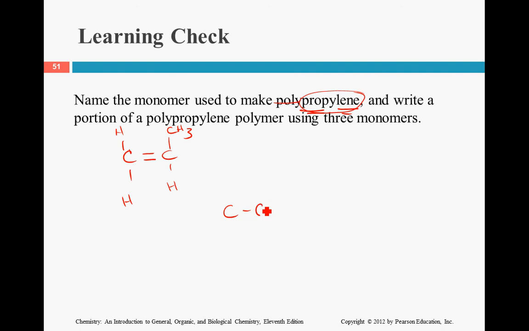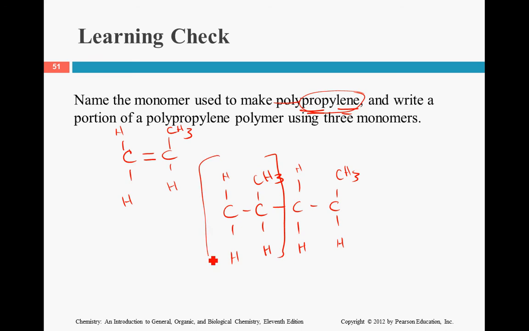So CH. Okay, so there's one monomer there. We have to do it again. So there's one monomer. There's two monomers.